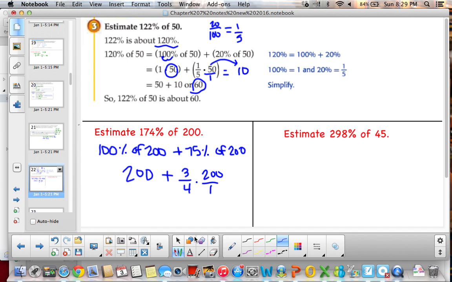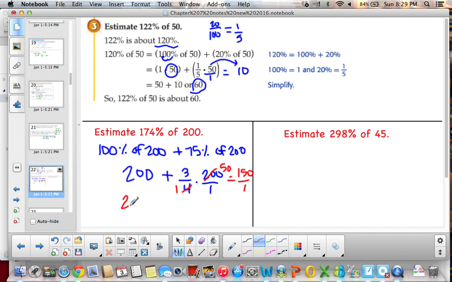And I can actually cross cancel 200 divided by 4. So if we divide 200 and 4 both by 4, we get 4 divided by 4 is 1. 200 divided by 4 is 50. 50 times 3 equals 150 over 1, which is just 150.